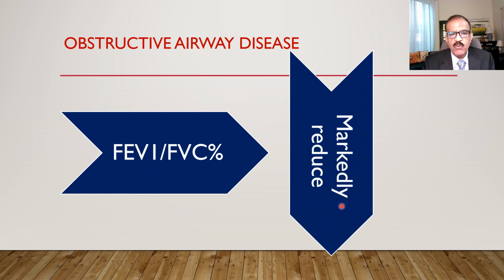If you want to use one parameter to diagnose obstructive airway disease or to rule it out, it would be FEV1/FVC percentage. All these four parameters may be affected, but it is FEV1 divided by FVC percentage which becomes the most sensitive parameter.